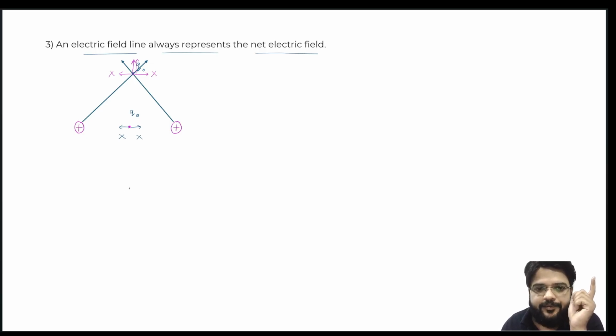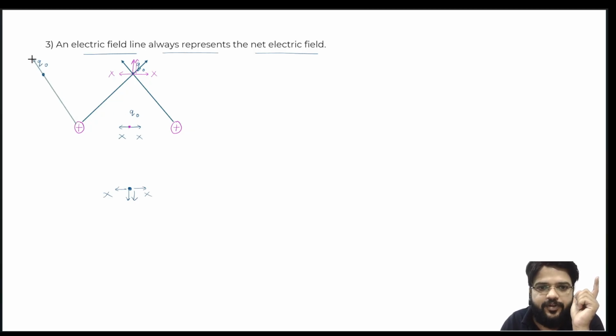If I draw here, again I will put one test charge and the same thing will happen here. This component will get cancelled out and we have net electric field in the downward direction. Now we want to see the direction of the electric field at this point. So again we will put here one test charge and see it.